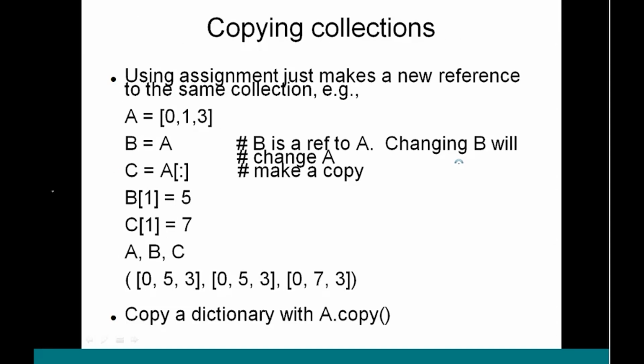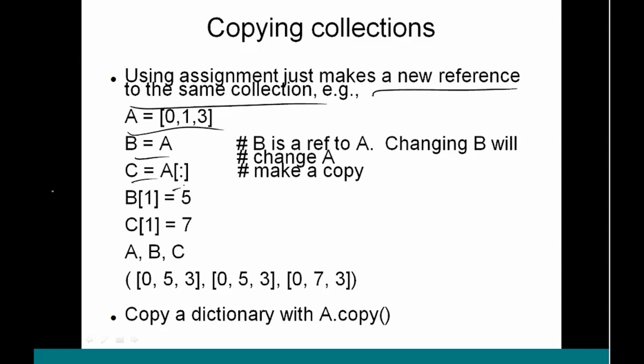So now how do we copy collections? If you use an assignment, it just makes a new reference to the same collection. So here we have a list, B equal to A, C equal to A[:], with the square brackets and this colon.